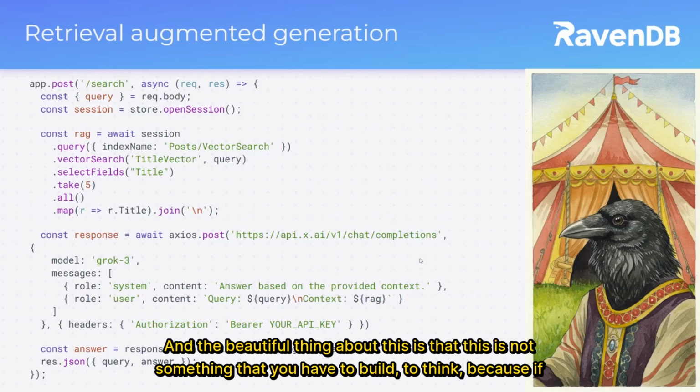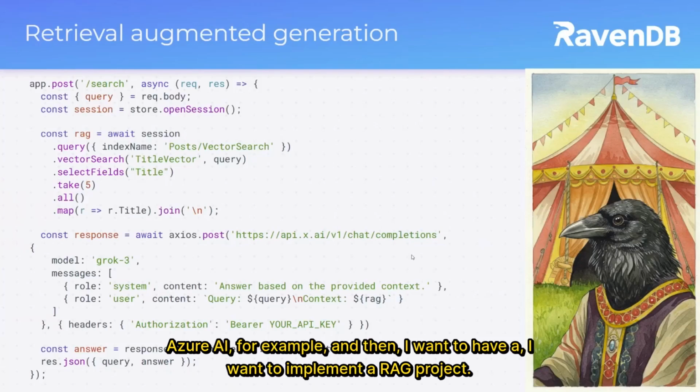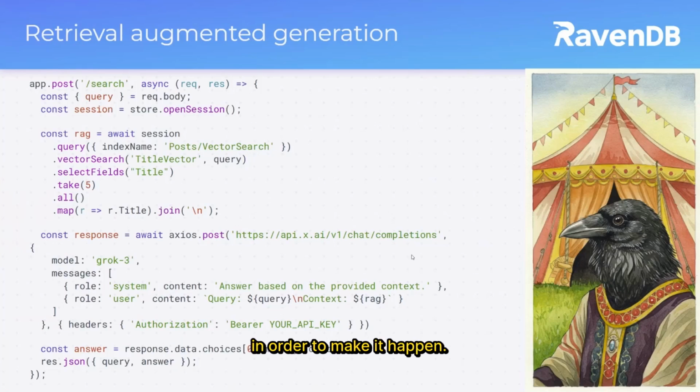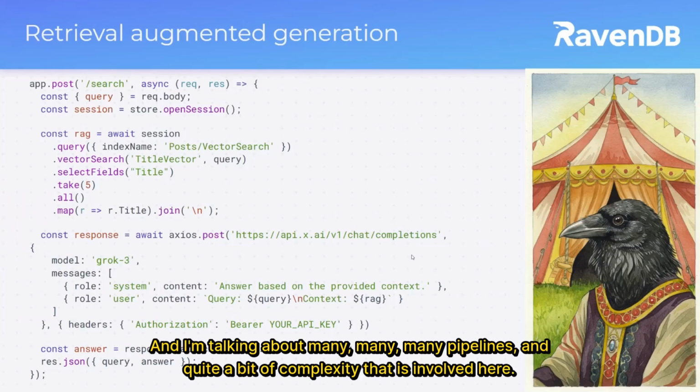And the beautiful thing about this is that this is not something that you have to build. If you go to Azure AI, for example, and want to implement a RAG project, then the typical answer would be, of course, let's talk about the many, many pipelines that you have to build in order to make it happen, and quite a bit of complexity that is involved.